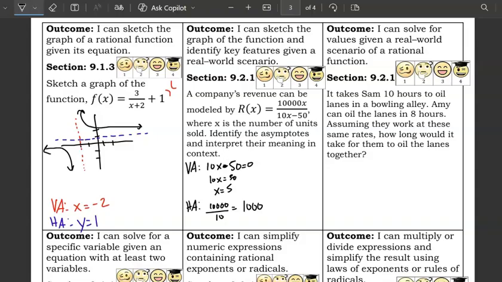The 5 is going to represent the minimum number of units that need to be sold. And then the 1,000 is going to be that revenue.